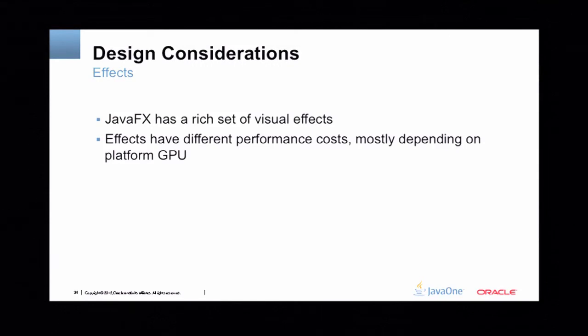And this is largely because we're dealing with a 4-pipe GPU instead of a 100-pipe GPU that you might have on your desktop. It's all about bandwidth and the size and the capability of the processors involved. So play with them. Find out which ones work, find out which ones don't work, and plan accordingly.